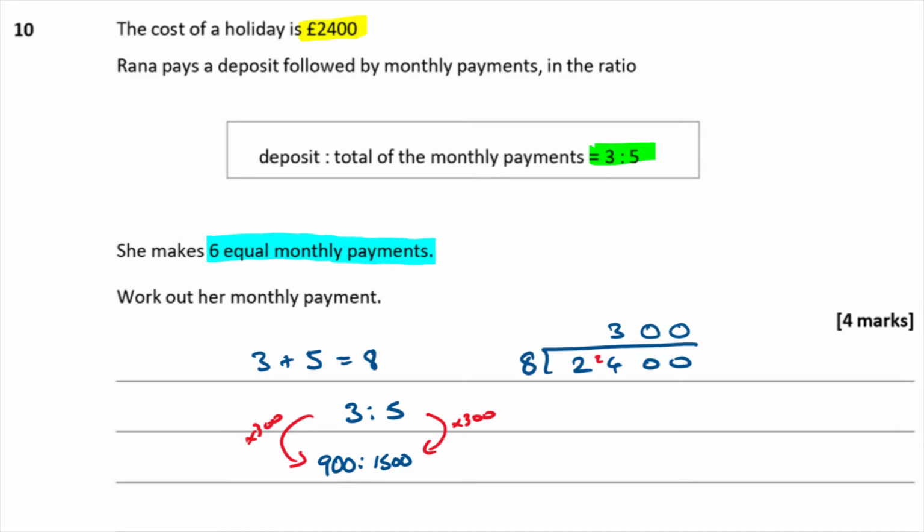So now we've got to divide our 1,500 by 6. 6 into 1 don't go, 6 into 15 goes twice, and the remainder is 3. 6's into 30 go 5 times, so that's 250 then, isn't it? So each monthly payment is going to be £250.